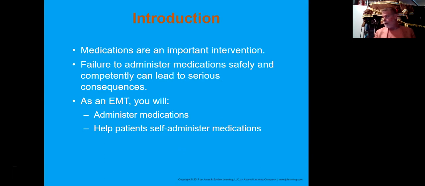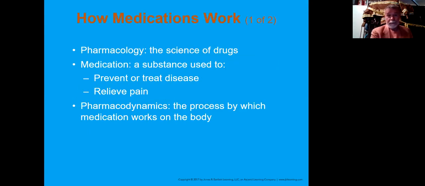You carry, let me go to my handy dandy drug box, something like aspirin. Aspirin would be a medication that you administer. If someone had an epinephrine injector and you were assisting them with that, right, that's a patient-assisted medication. So those are the two different things that we're going to be looking at.